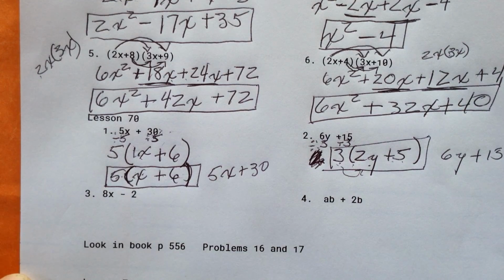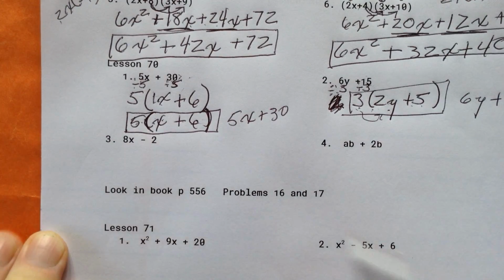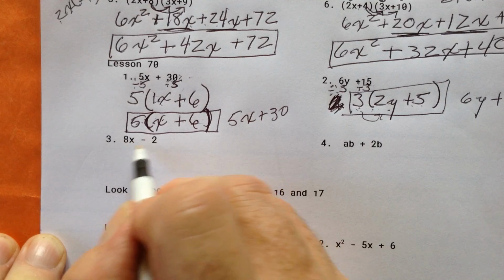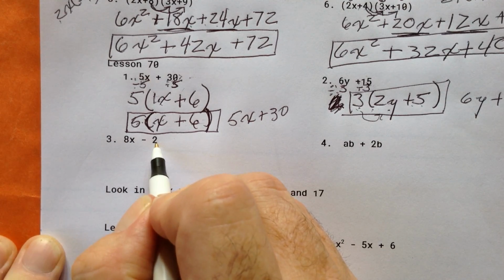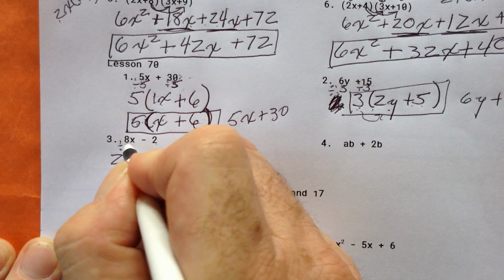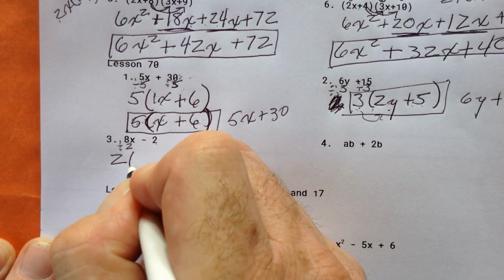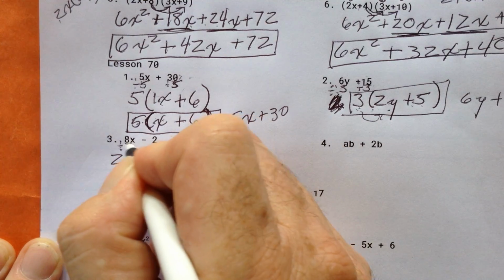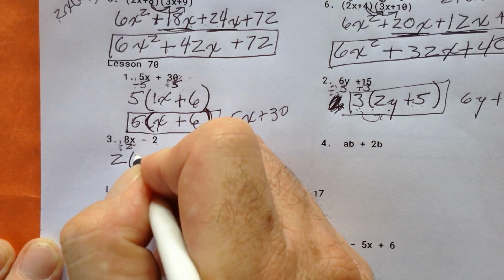Okay? Another one, number 3. This one's pretty easy. Right away I see it's going to be 2. So I'm going to put 2 out here. And 8 divided by 2, I can do it like a fraction, that would be 4x.